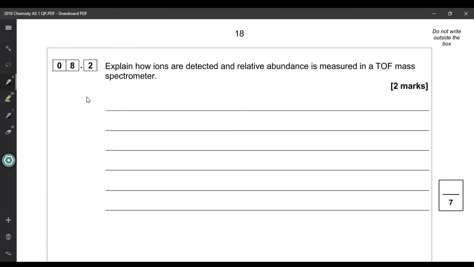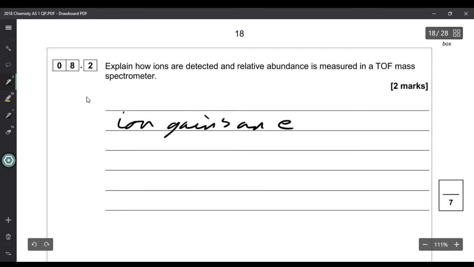So for the 2 marks here, we just needed to know that the ion gains an electron when it hits a detector, and that will give us 1 mark.